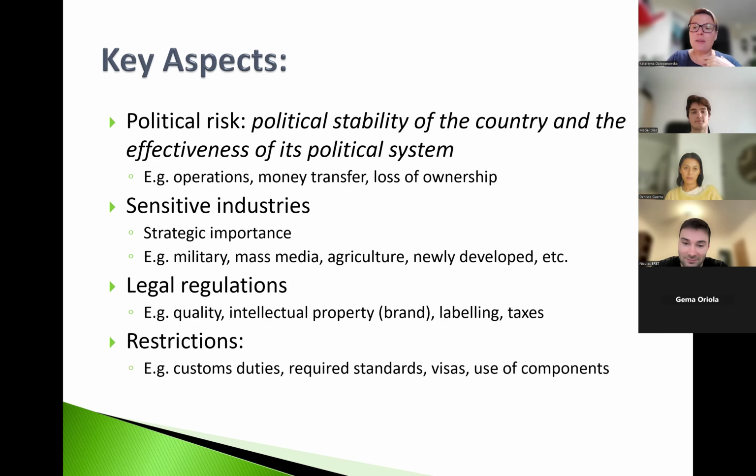And finally, last but not least, you have to look at the restrictions. Are there any standards required? Are there any visas that you need to have? Is there a requirement of the use of local components? Or maybe there will be some custom duties, or maybe something else, right?